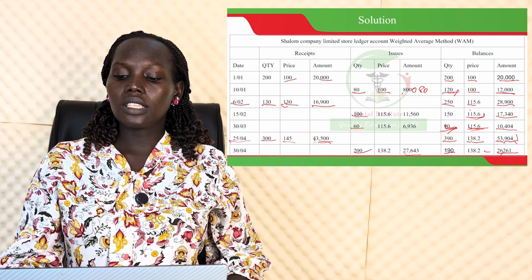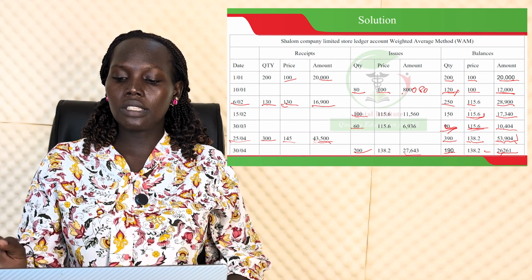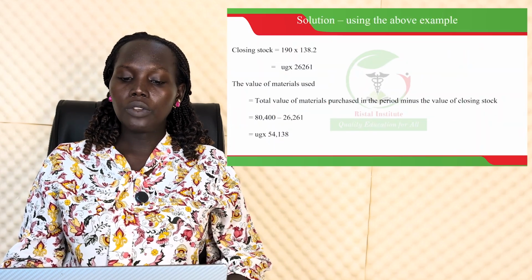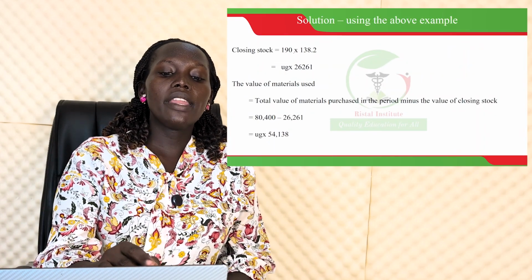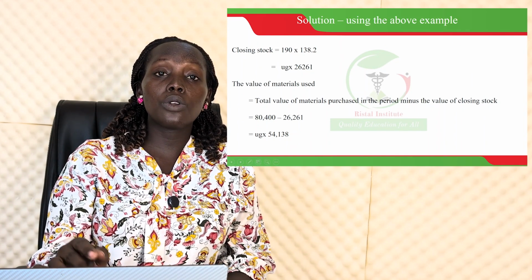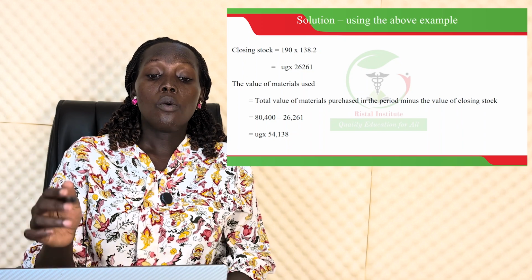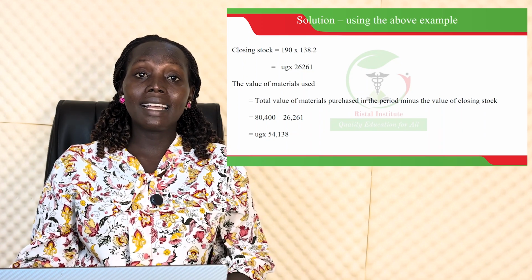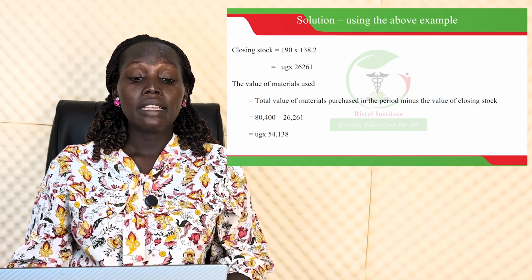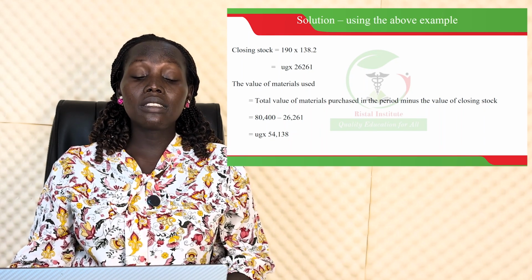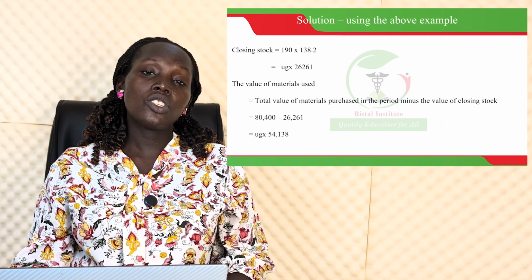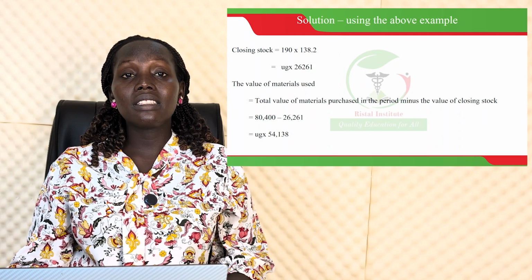So we see that 190 times 138.2, our new ruling price, when we multiply, gives us 26,261 Ugandan shillings. So what does this mean?